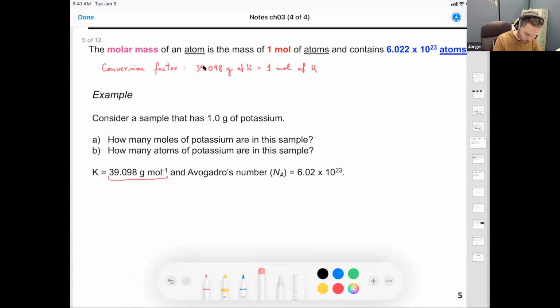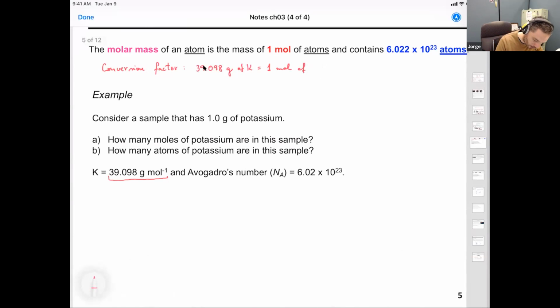So let's do that. 1 mole of atoms of potassium.